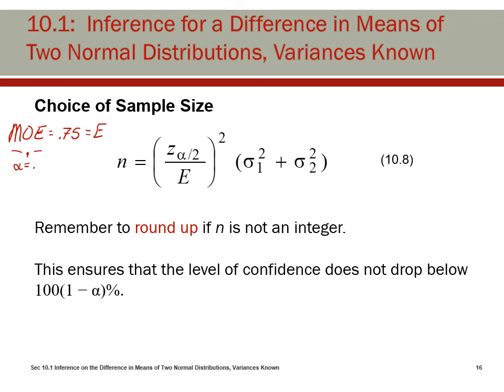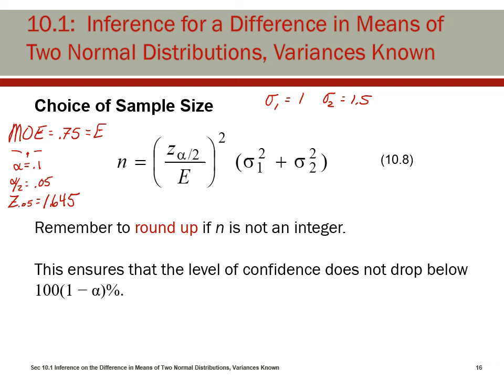So alpha was 0.1, alpha divided in half was 0.05, and we need Z of 0.05, that is 1.645. The other things that we have in this formula is sigma, and in that problem, sigma 1 was equal to 1, and sigma 2 was equal to 1.5. That's off the last slide.